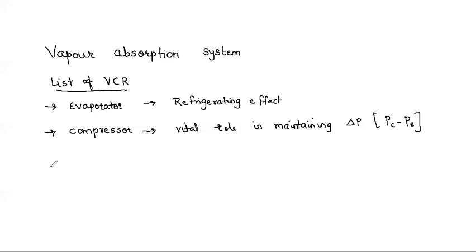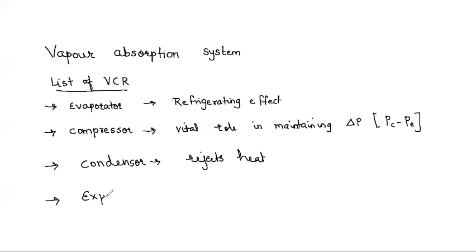The other part of the vapor compression refrigeration system is the condenser, wherein the heat is rejected to the surroundings. This is another heat exchanger which rejects heat to the surroundings. Finally, we have another important component, namely the expansion device.